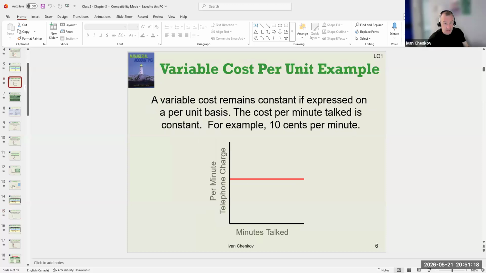When we see a flat line, our users of financial statements are happy. Why? Because they don't want to see fluctuation. That's a unique kind of situation. In accounting, we don't like fluctuations. Our managers don't like fluctuation. Our users of financial statements don't like fluctuation.